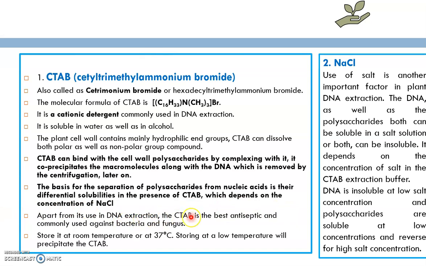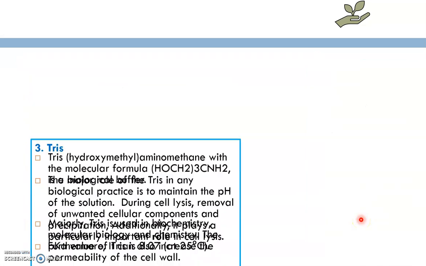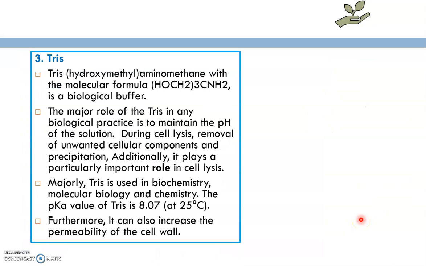So NaCl is one of the important factors, because at low concentration DNA is insoluble, while polysaccharides are soluble at the low concentration of NaCl. So accordingly, we have to add the concentration of NaCl.